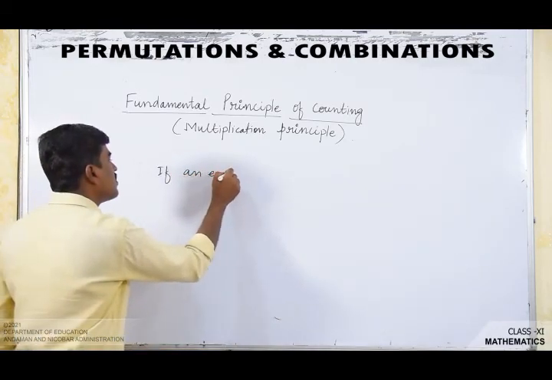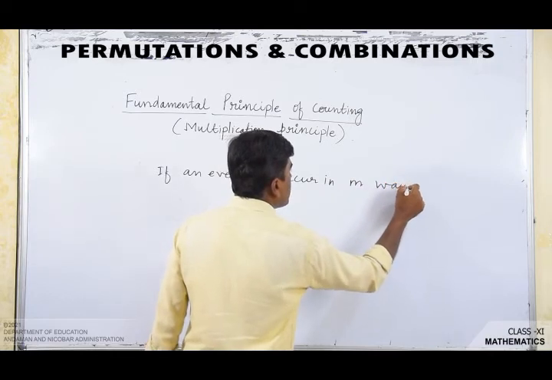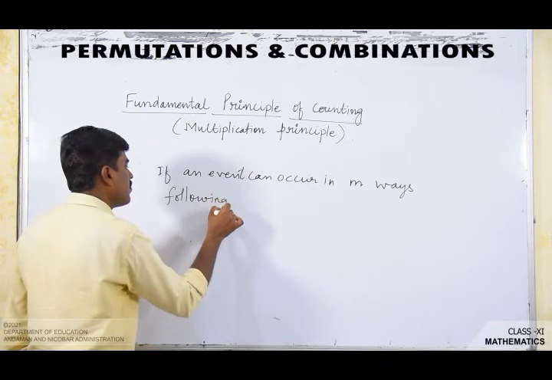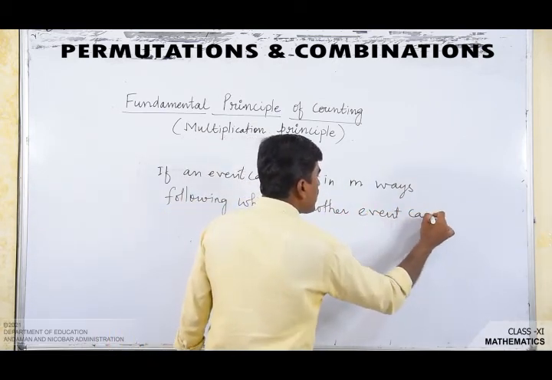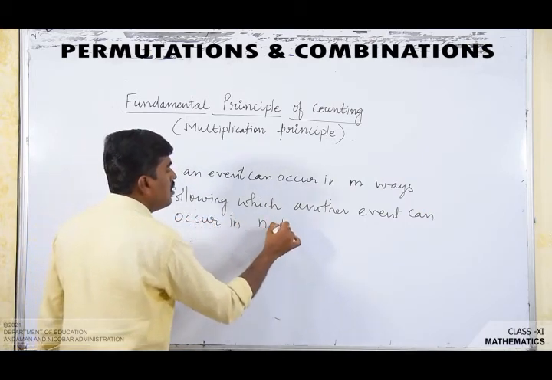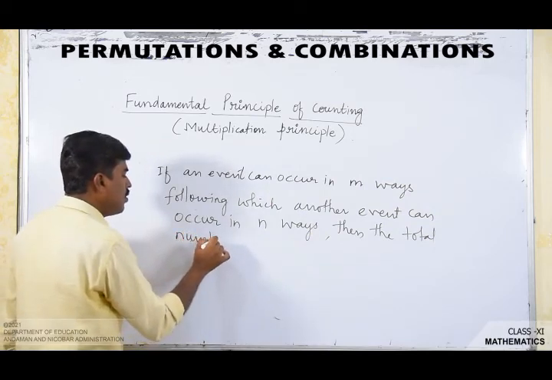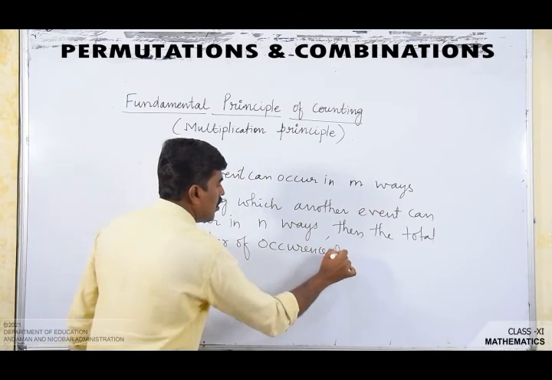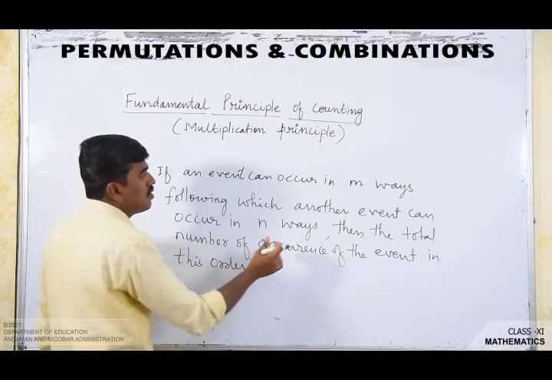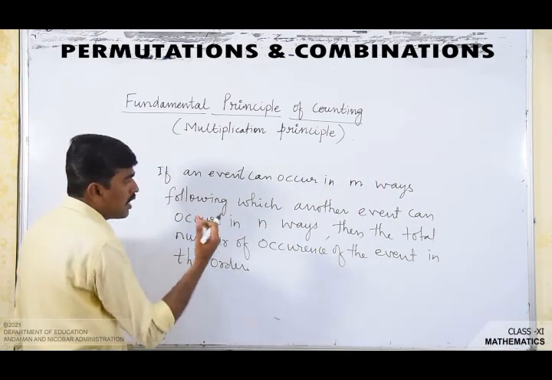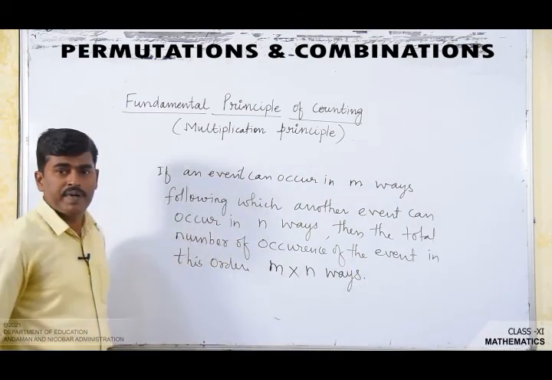That if an event can occur in m ways, following which another event, the second event, can occur in n ways, then the total number of occurrences of the event in this order is m into n ways. So it is the fundamental principle of counting.